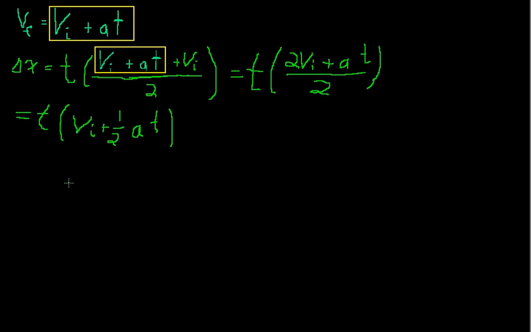And now we just distribute out the t, we multiply there, and then we multiply there, and we end up with delta x, oh cool, right triangle, delta x equals Vi t plus 1/2 a t squared. And what does this mean?